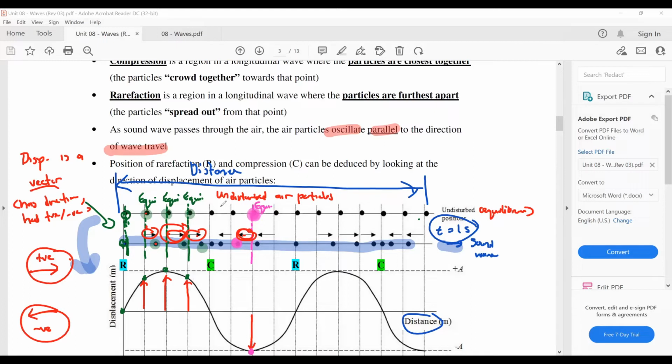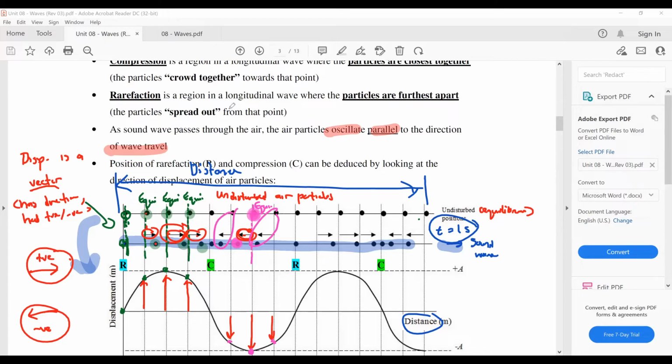All right. You can repeat the analysis for the remaining points. You will see that they give you this. All right. So this is how you plot your displacement distance graph for a longitudinal wave. They look at it in this manner.